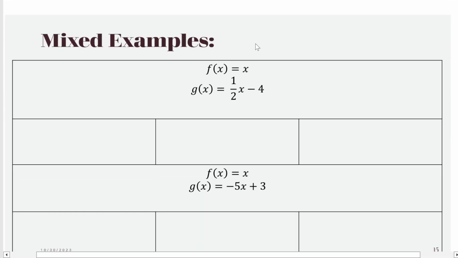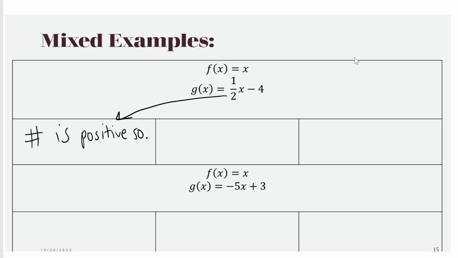Now the next example is a mix. So el siguiente ejemplo es una mezcla. So first we have the number is positive. So slope is positive.